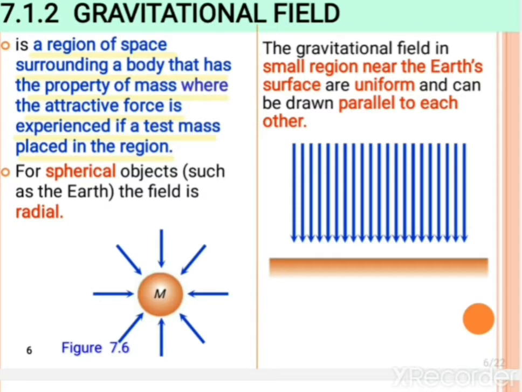Let's say this one is Earth. The surrounding of the Earth is a radial gravitational field. The gravitational field in a small region near the Earth's surface is uniform and can be drawn parallel to each other. Let's say below is Earth's surface, so the direction of the gravitational field is downward.